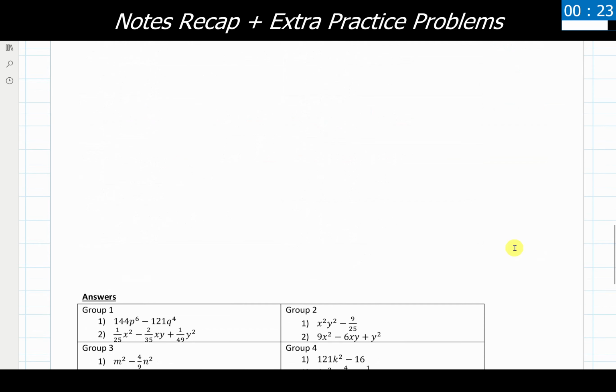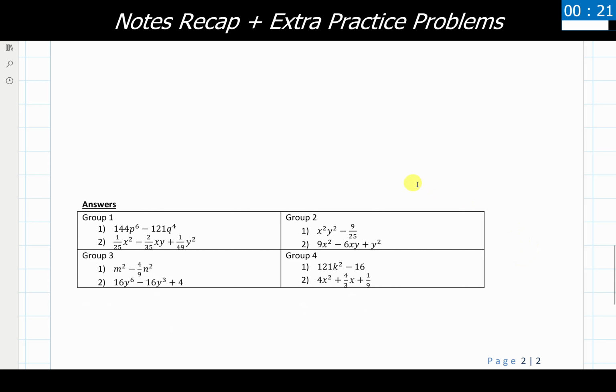We have our answer key right down here. Hopefully you're getting the same things as what's listed down here. It shouldn't matter if we've been given fractions or not. We're still going to use the same process, and we're still going to be multiplying everything together and adding and subtracting things as necessary. But this is everything for our 6.4 material.